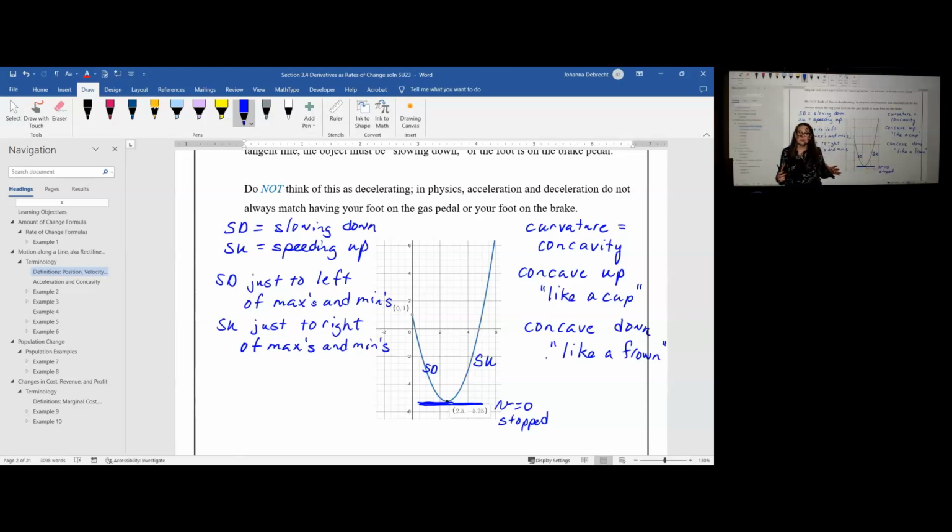How can the acceleration be positive at all points? Remember that acceleration is the rate of change of the velocity. If we throw some numbers out here, it will help you to realize that the rate of change of velocity with respect to time is always strictly positive.